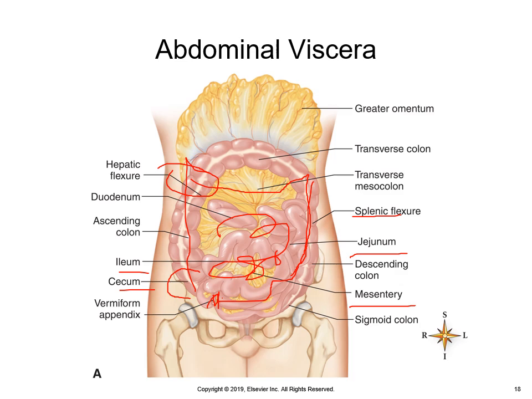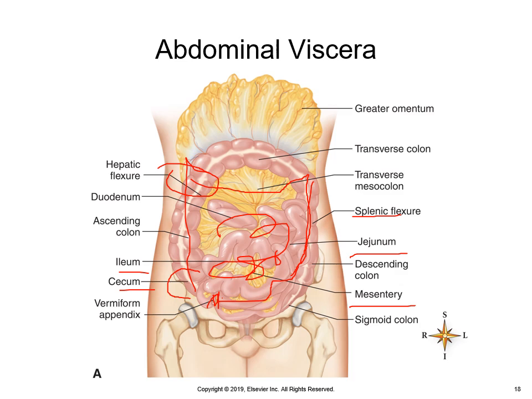It also helps with our immune response, and it is also an infection barrier as well. In terms of the peritoneal reflections, the mesentery and also the omentum, they're going to provide us with vascular support and also flexibility in terms of the digestive organs.